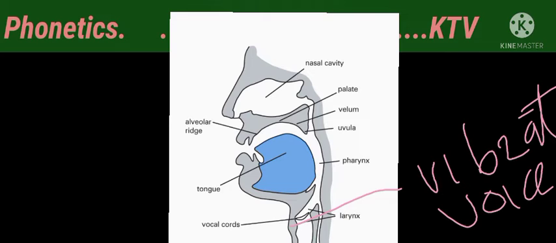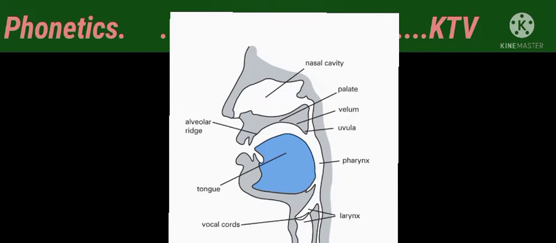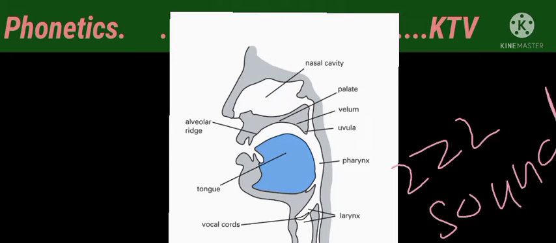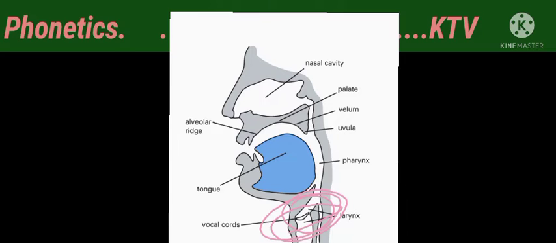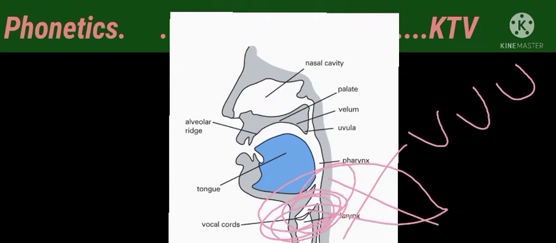So keep your hand on your throat and say the Z sound, za. You will feel that there is vibration. If you say the sa sound, there will be no vibration in the vocal cords. This is voiceless.